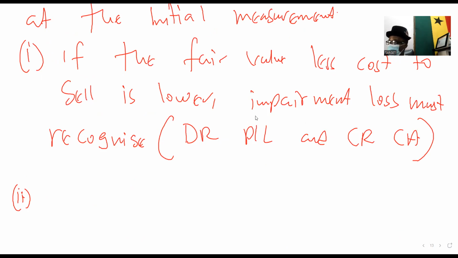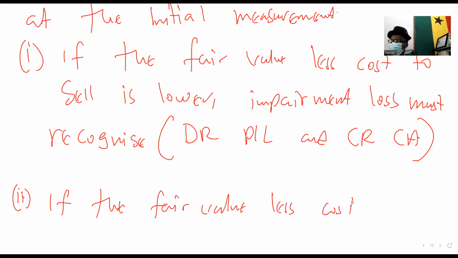Finally, I'm still at the initial stage. What if the fair value less cost to sell is higher? In that case, what do you do?